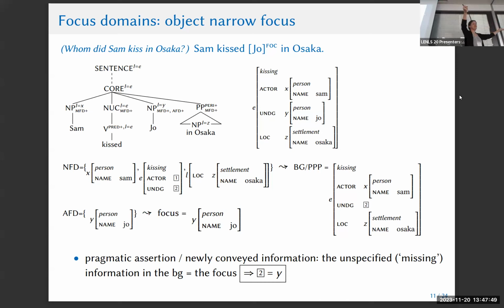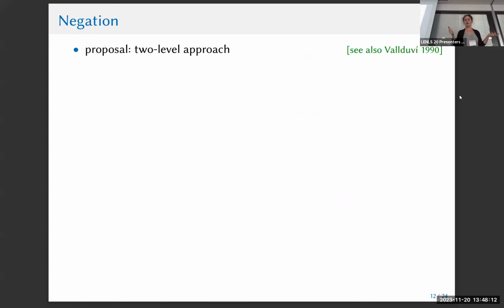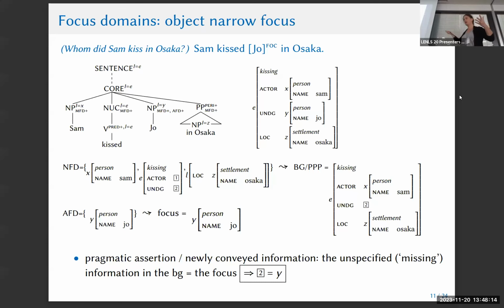The new information is that whatever you miss in the pragmatic presupposition is provided by the information content of the focus. So this is what Lambrecht calls identification. I would like to be careful with that term. It's a very loaded term, identification. But this is what's happening, and this is happening uniformly. Actually, this is also happening with predicate focus. It's just different things that you are missing the information.